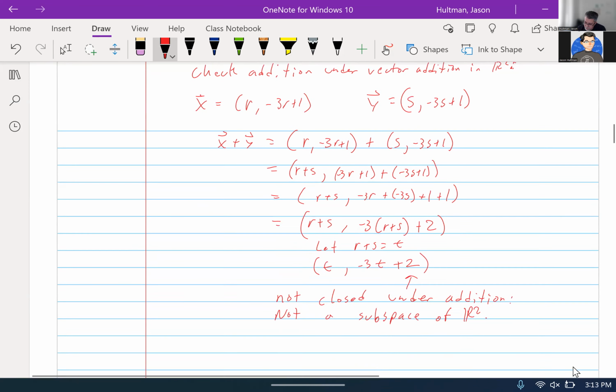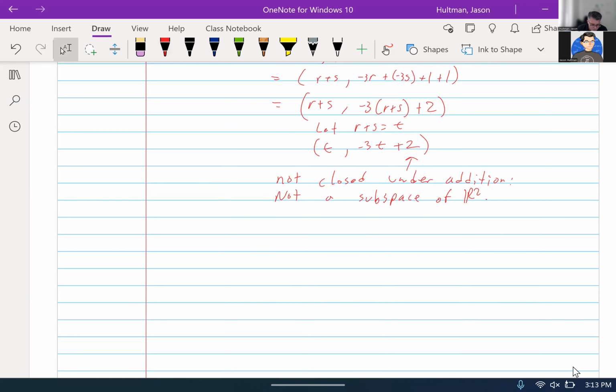And so I'll note that S does not contain the 0 vector, okay, to begin with.